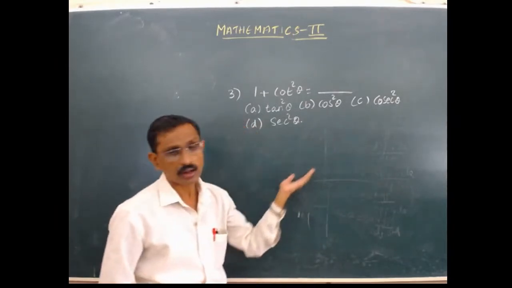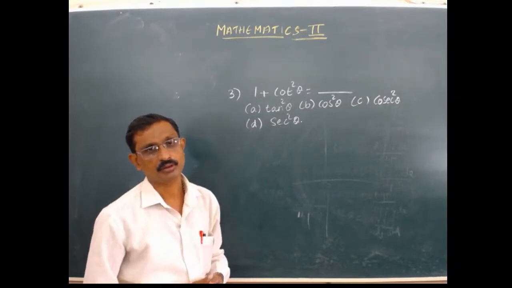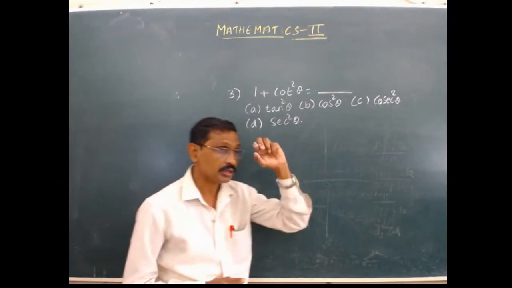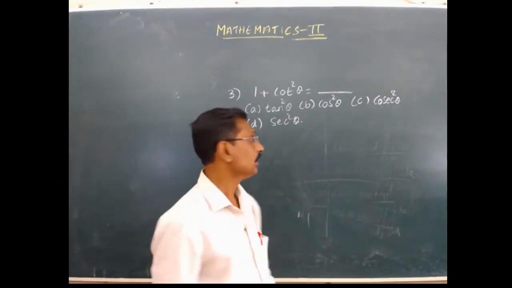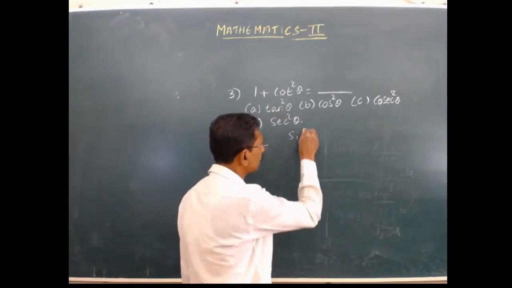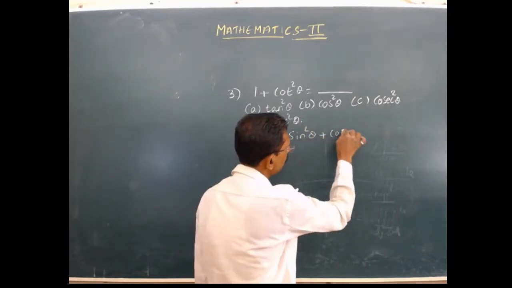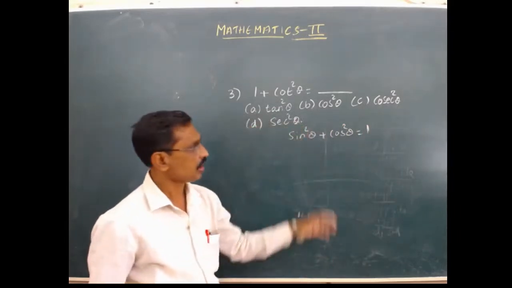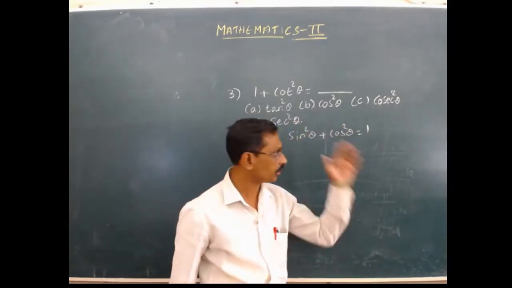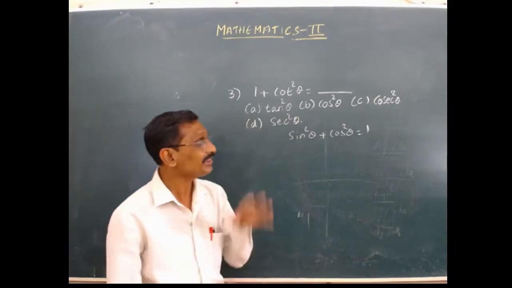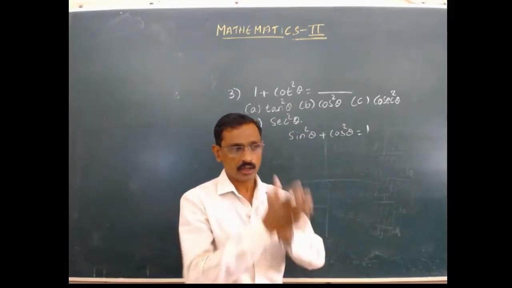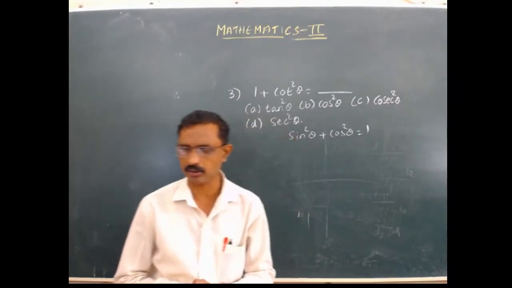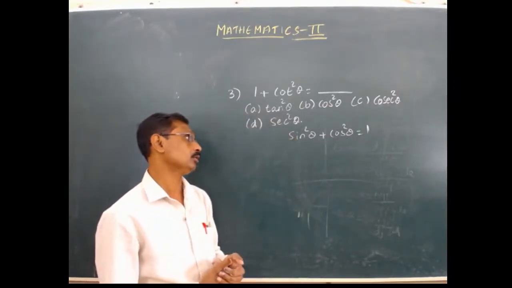Apart from that, one of the things taught to us, which we did in the first MCQ itself, is sine square theta plus cos square theta is equal to 1. Keep this identity in mind because it will definitely solve a lot of problems in trigonometry.